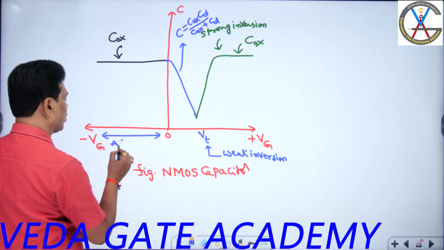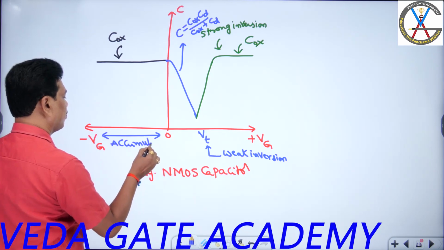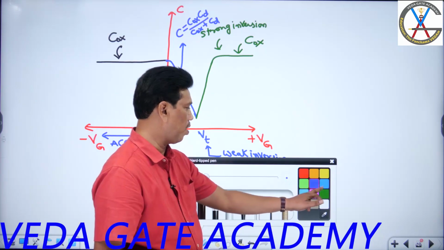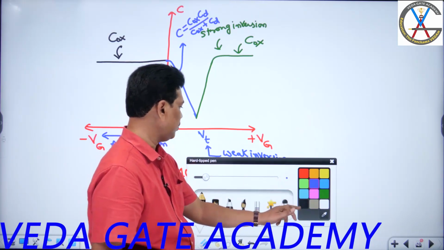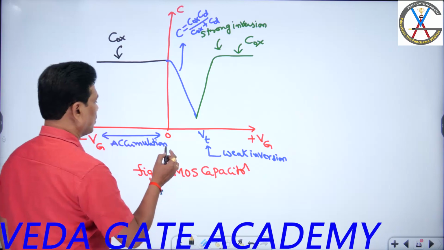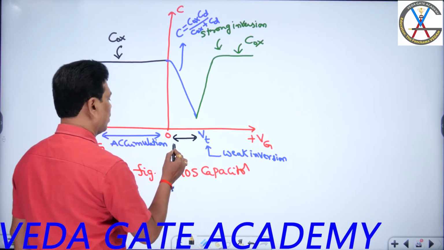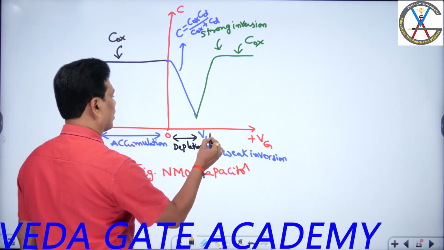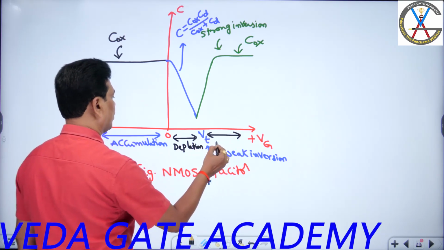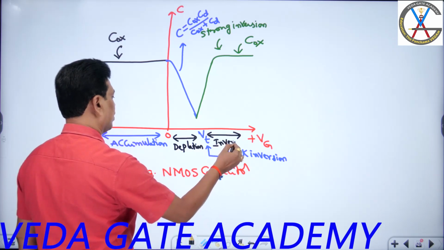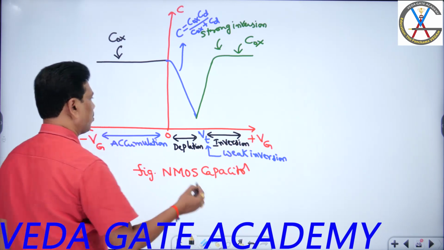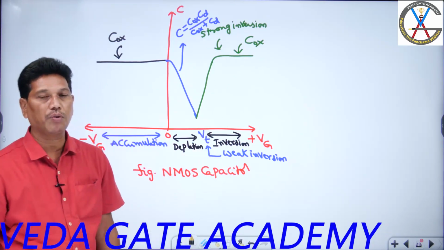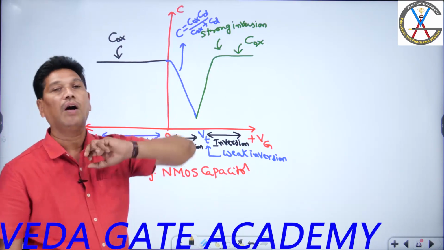This area is called depletion. And this area is called inversion. So at VT it starts with weak inversion and goes on increasing. Once the barrier effect is completely cancelled, you find strong inversion, so the capacitance is considered just by the oxidation region.